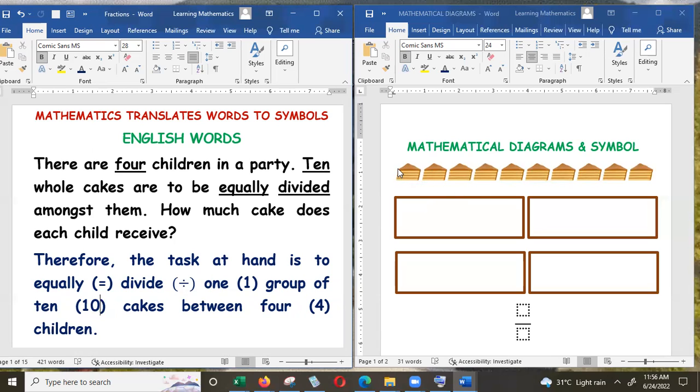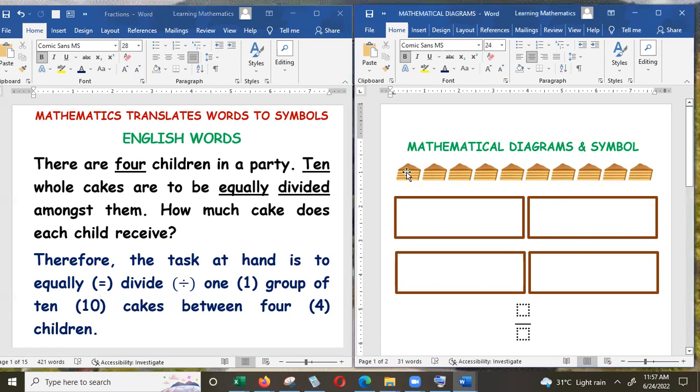When you see that, you say cake. 1, 2, 3, 4, 5, 6, 7, 8, 9, 10 cakes. Now, there are 4 children, so each child can be denoted by a rectangle. So we have 1, 2, 3, 4 rectangles. Words translated to diagrams.